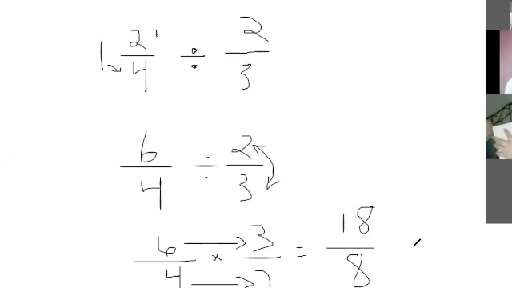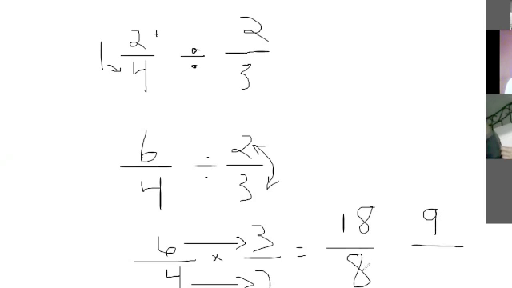And then remember, like we used to cover simplifying fractions all the time, we can simplify this fraction right here. So since both numbers are even, you can simplify it by dividing by 2. So if we divide it by 2, 18 divided by 2 is what? We'll do 9.